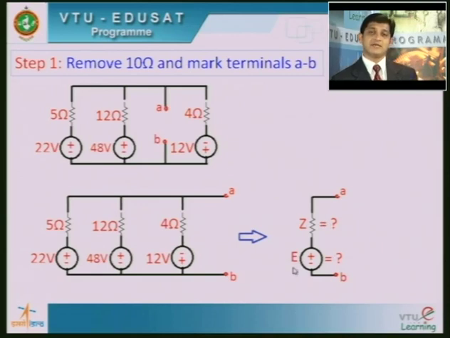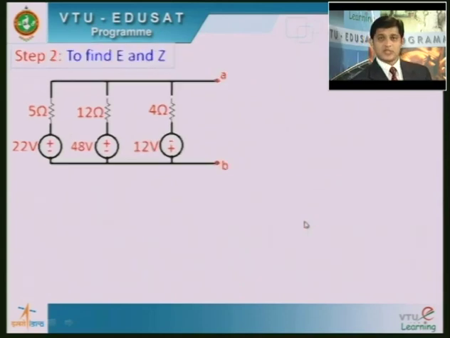So that means we have to obtain E in terms of these Z's and E's, and Z also in terms of these impedances. So how to do that? We have just derived an equation, right? So using those equations, we need to obtain the value of E and the value of Z. Fine, so let's try to do that now.